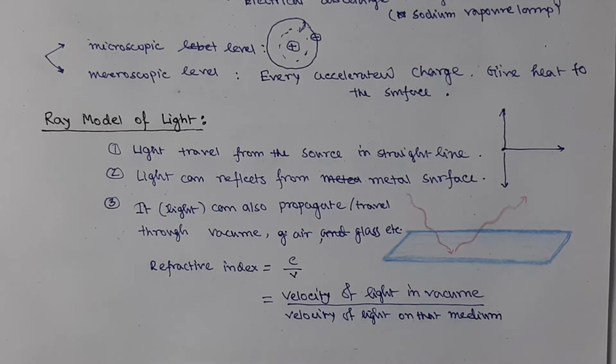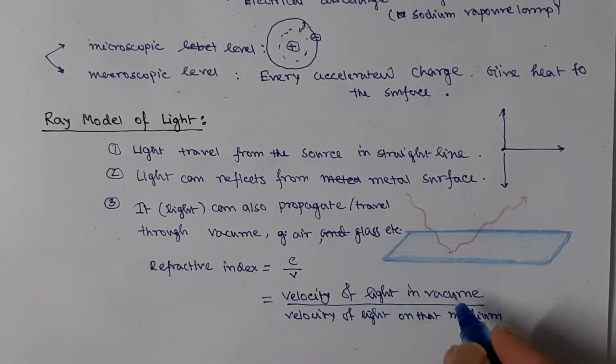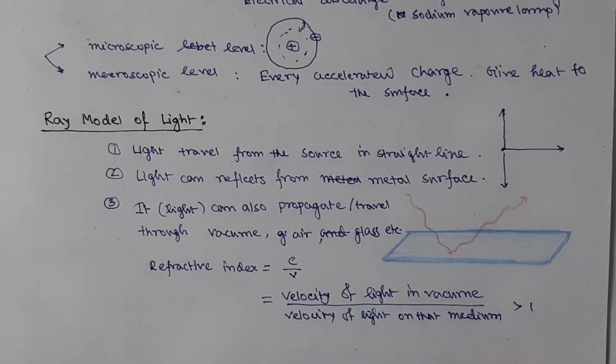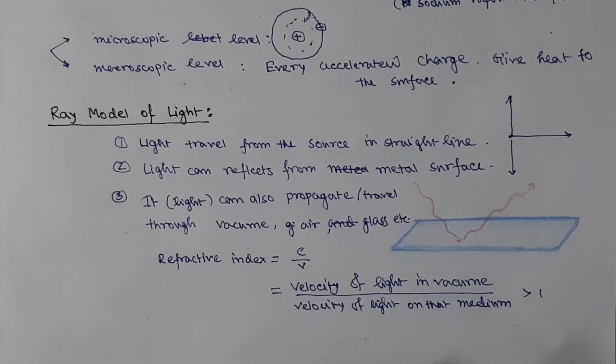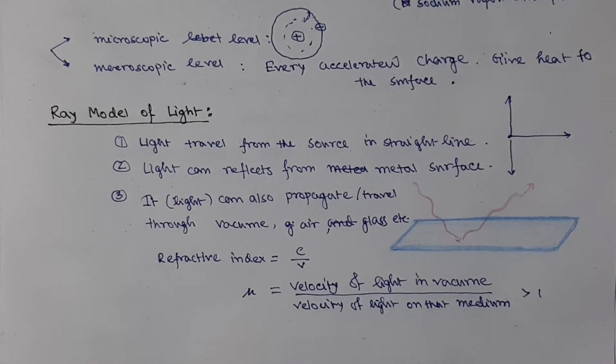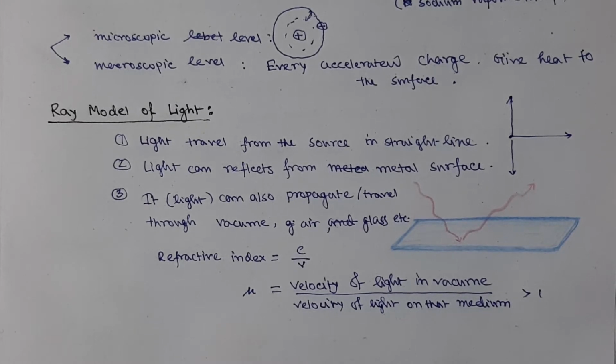The ultimate speed of light is in vacuum, so the refractive index will always be greater than 1. We can use mu to express the refractive index.